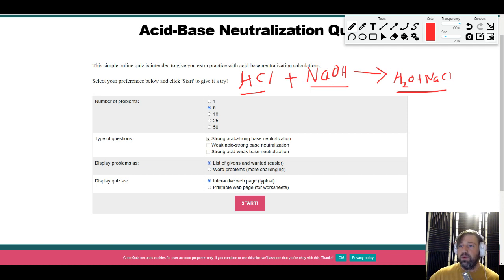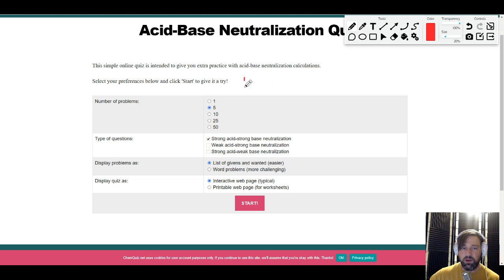Okay, and if we wanted to make this a little bit more accurate, what we're doing is having hydrogen ions and chlorine ions, and OH ions, hydroxide ions, and there's the sodium ion.